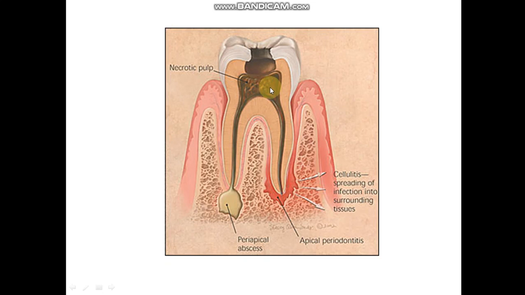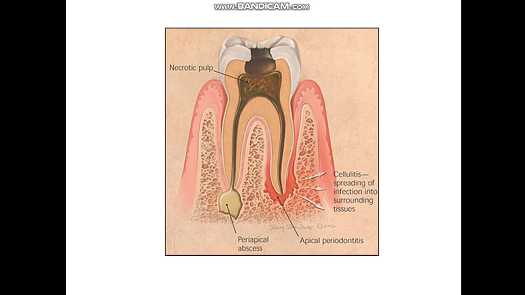Sometimes, however, the dental pulp might also get necrotic due to thermal or physical or chemical factors. So in case of polishing, the heat generated during polishing may be transmitted to the pulp, and this causes pulp necrosis.